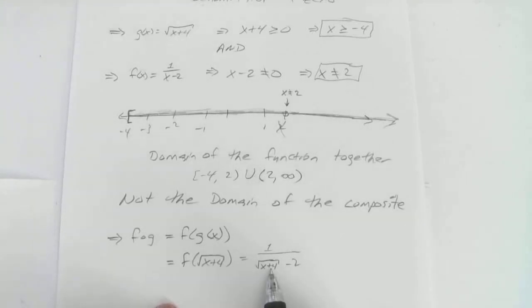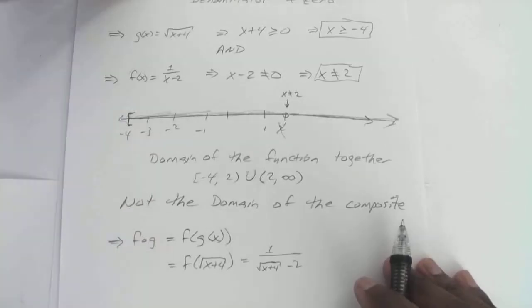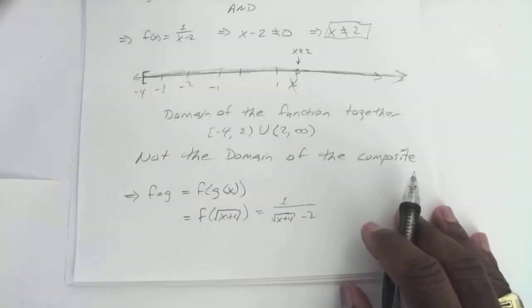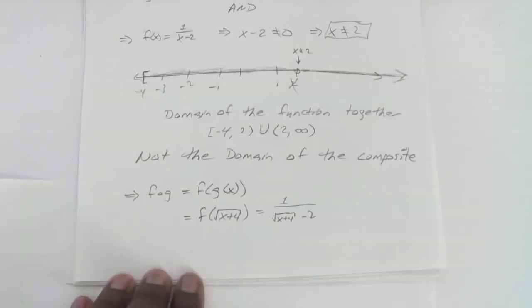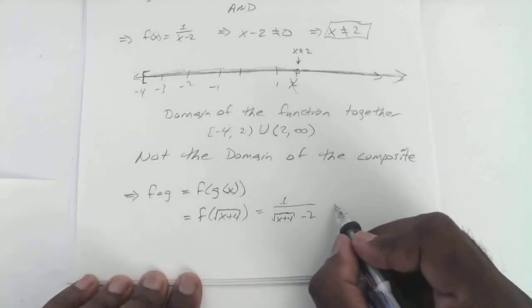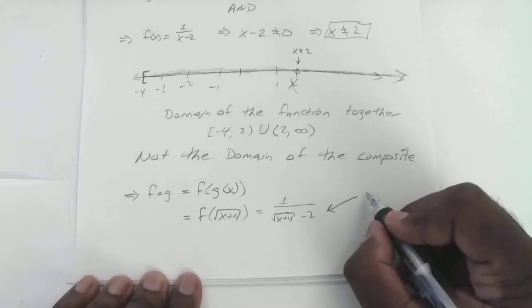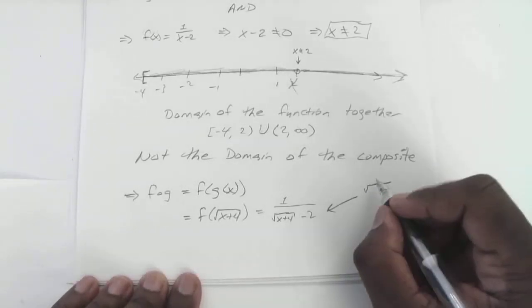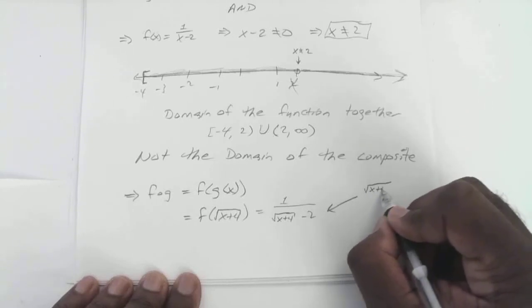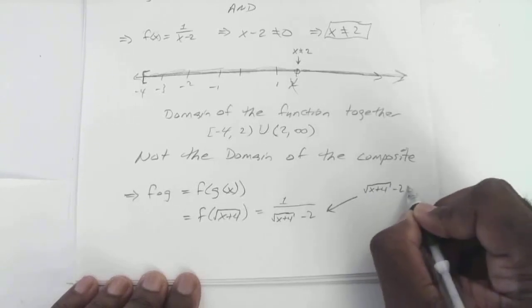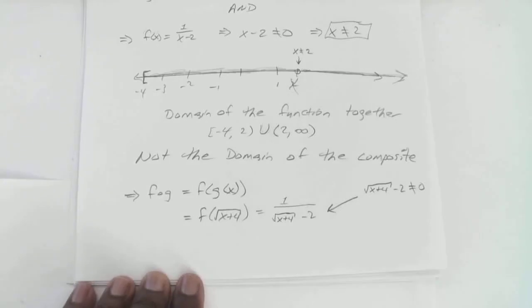Okay. So now here we have the square root in the function again. And some of it will be the same, and some of it will be a little bit different. So we know that square root of x plus 4 minus 2 can't equal 0.